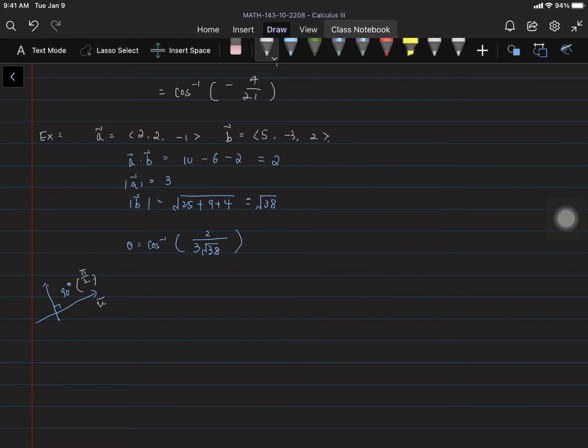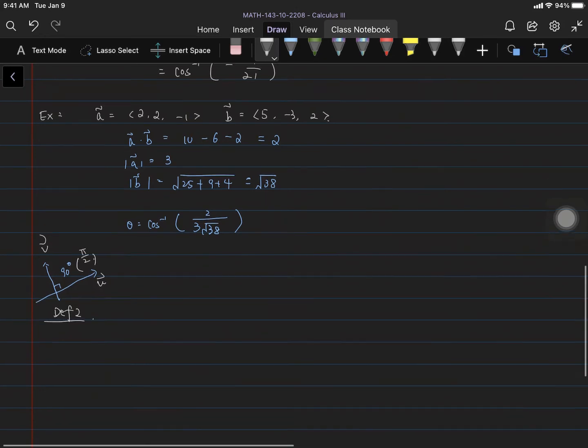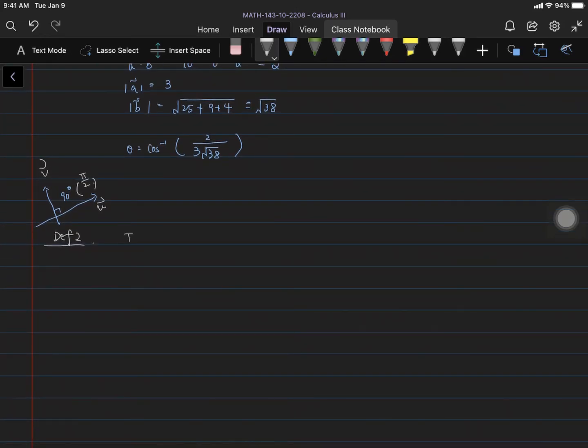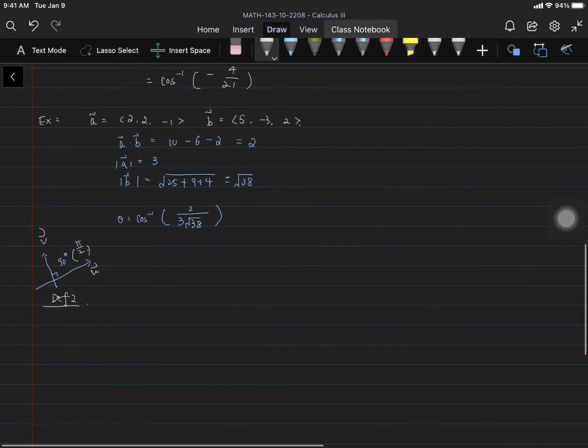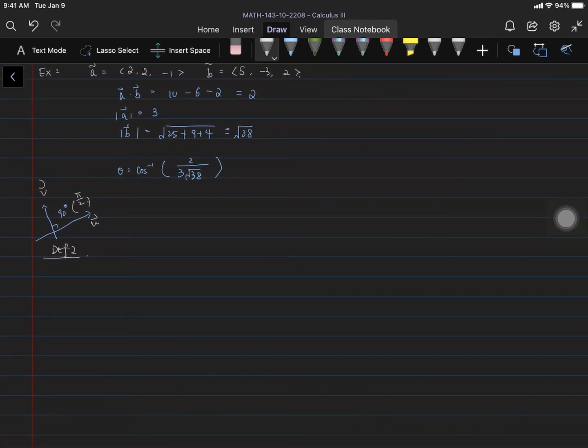So, definition 2: two non-zero vectors. We cannot have a zero vector because the length would be 0, and in that case we cannot find theta. A zero vector has no direction either.